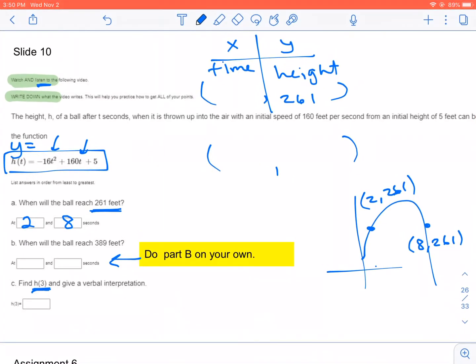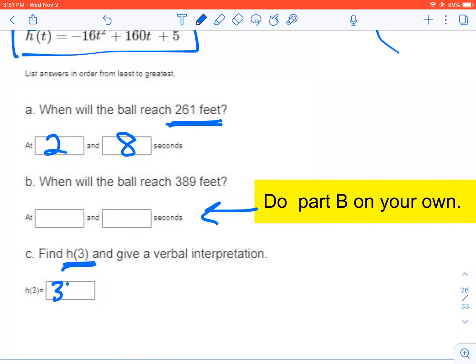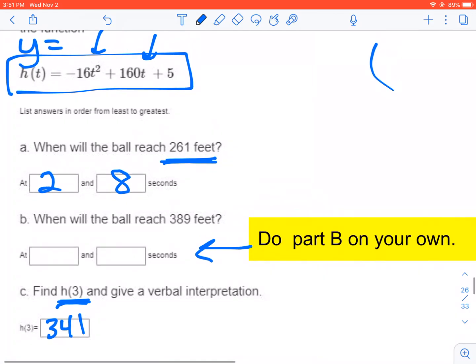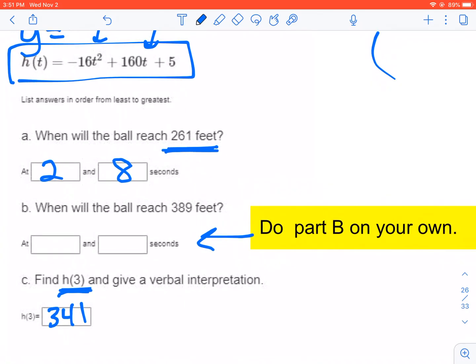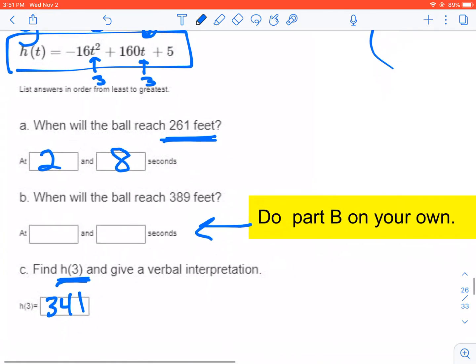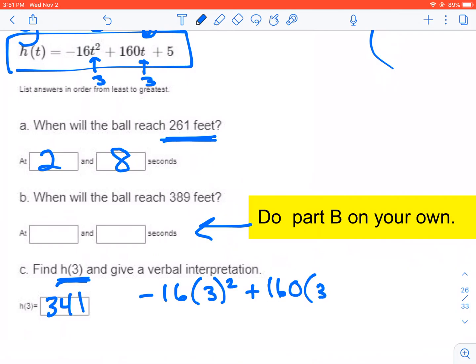So it said 341. So what happened is it went through, and everywhere that it had a t, it plugged in a 3. Okay, so it did negative 16 times 3 squared plus 160 times 3 plus 5.